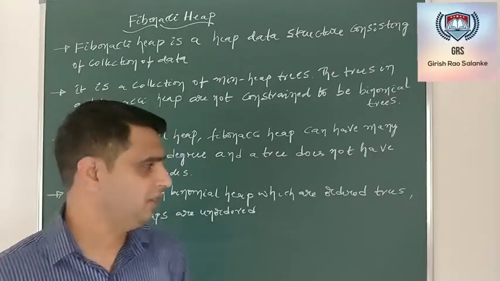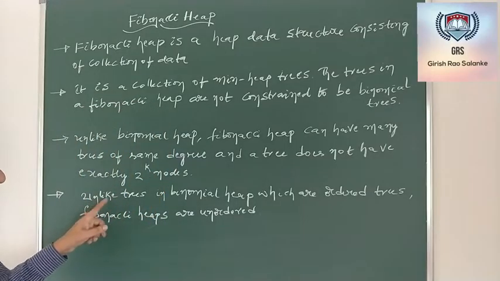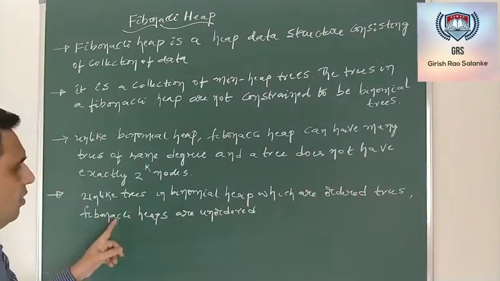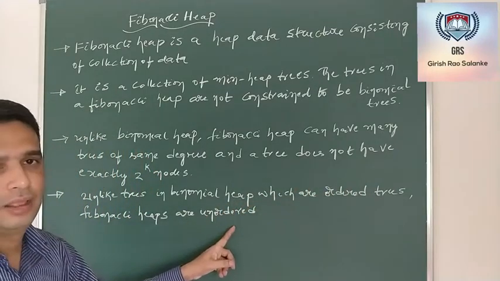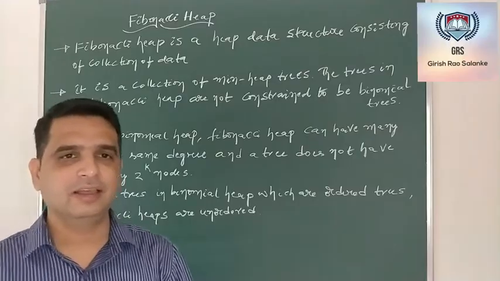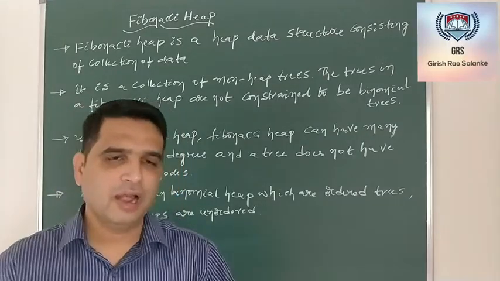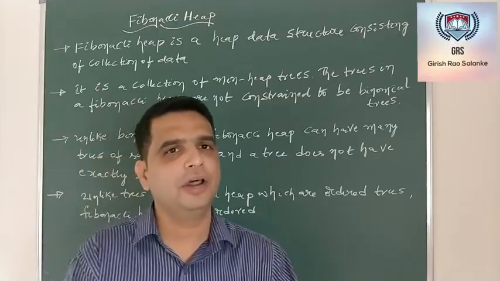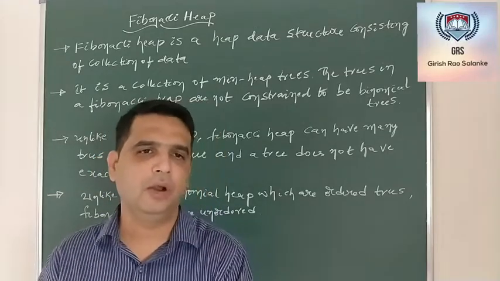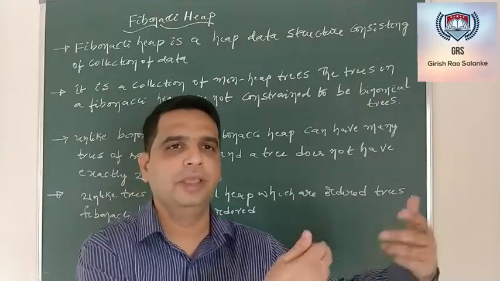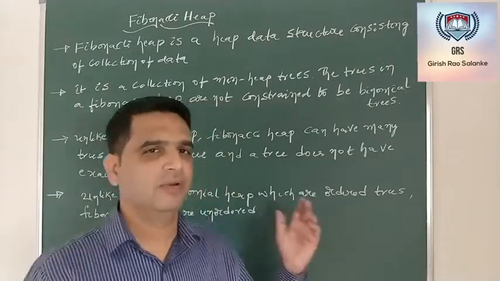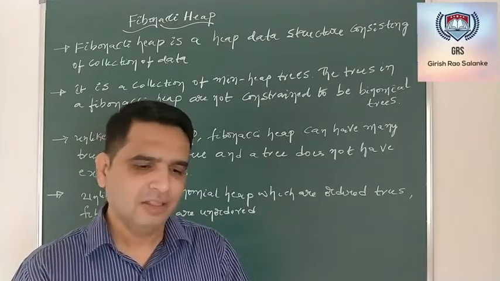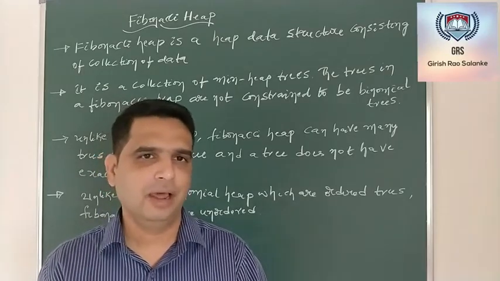You can find it in the fourth point: unlike trees in a binomial heap, which are ordered trees, Fibonacci heap trees are unordered. Unordered in the sense that the roots linked together in a binomial heap were a collection of ordered trees: I used to have B0, B1, B2, B3, B4 and so on. But in a Fibonacci heap, it is also a collection of binomial trees, though not exactly that.